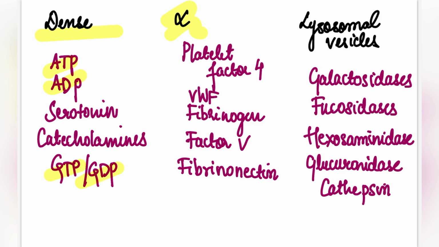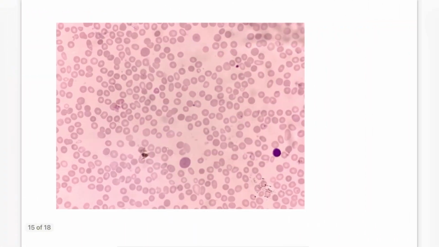One clue I'll give is that anything with 'sidases' or 'ases' comes here: galactosidases, fucosidases, hexosaminidase, glucuronidase, and cathepsin. That completes your lysosomal vesicles. So just remember this table. This is again from Dacie.